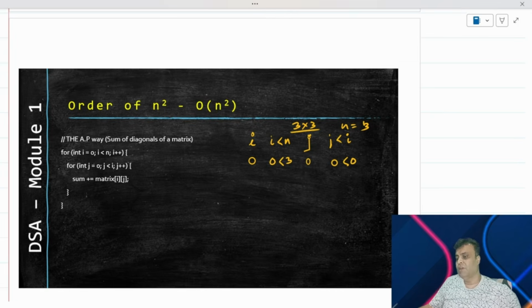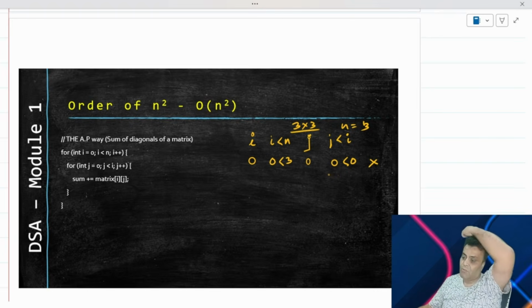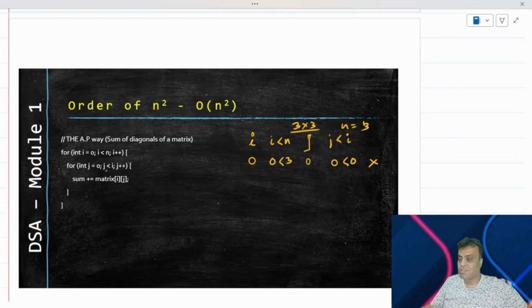And when j is compared with 0, it doesn't enter. Now j increments. When j increments, j becomes 1. In fact, 0 less than 0 itself is going to exit the loop, right? So incrementing j is not needed. So this itself will exit the loop of the inner loop.